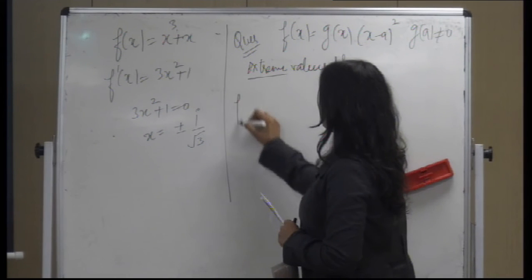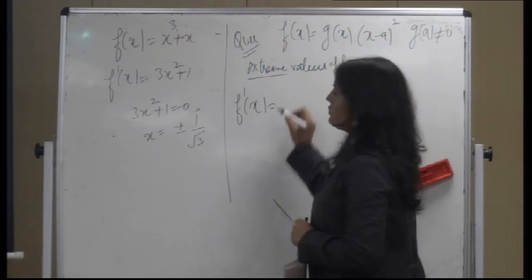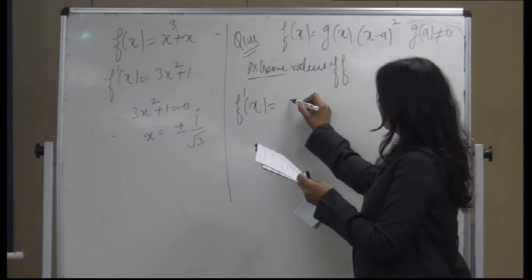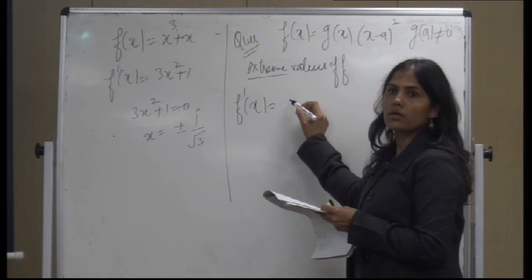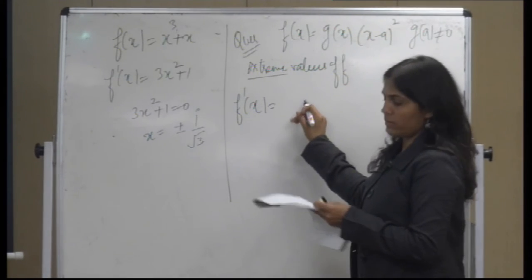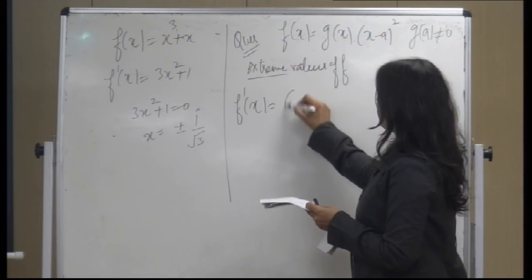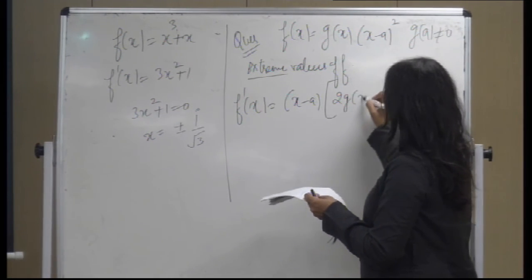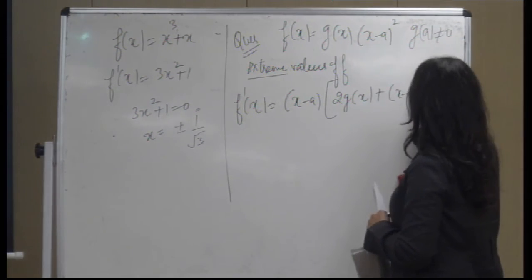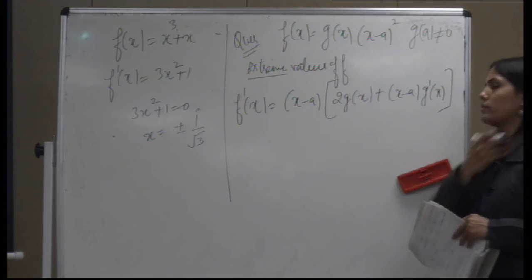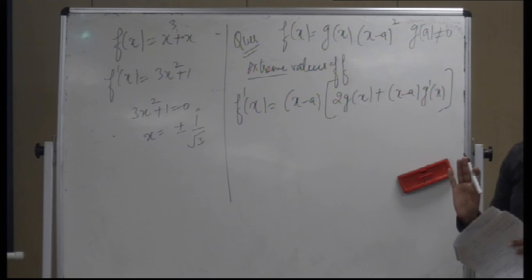So the first derivative will be what? Just check your first derivative is this or not. If your first derivative is this, it is fine. Otherwise, this is the first derivative.